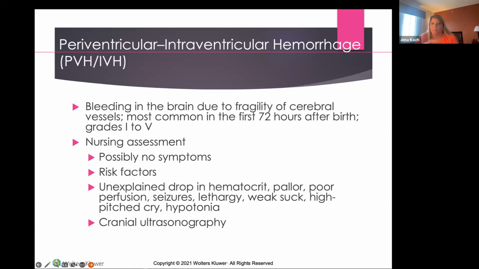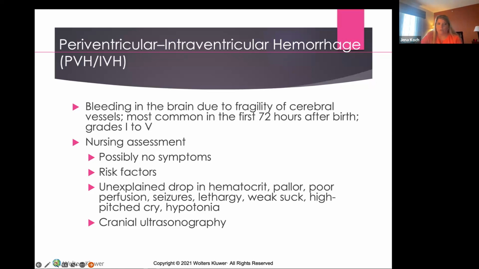We won't pick them up, we won't weigh them. We keep them in a midline position. So their toes, nose, shoulders, hips, legs, everything is nice and midline for 72 hours to help prevent IVH.